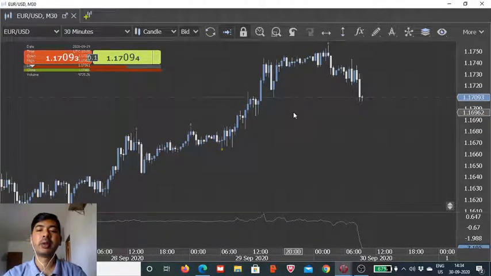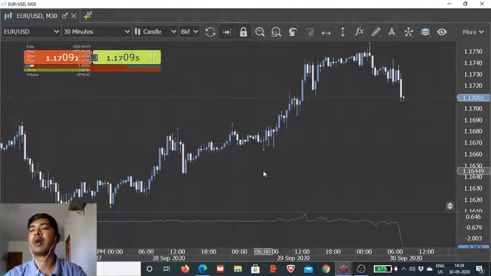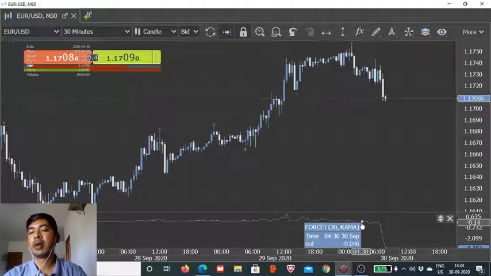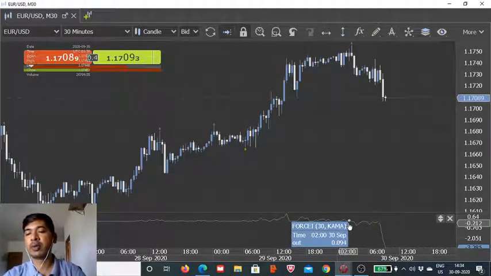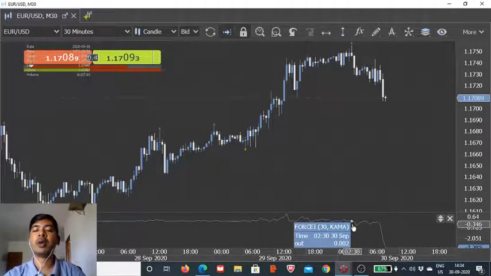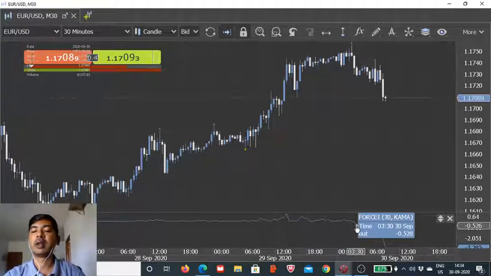Here the EUR/USD chart has been plotted on the half-hourly time frame, and looking at the force index values here, we can see that the force index values have dropped from bullish territory to bearish territory somewhere close to 3 GMT.